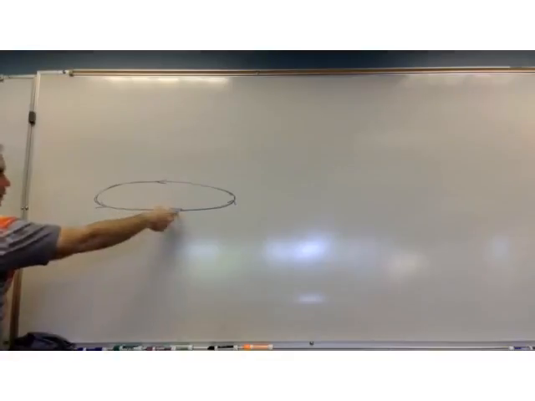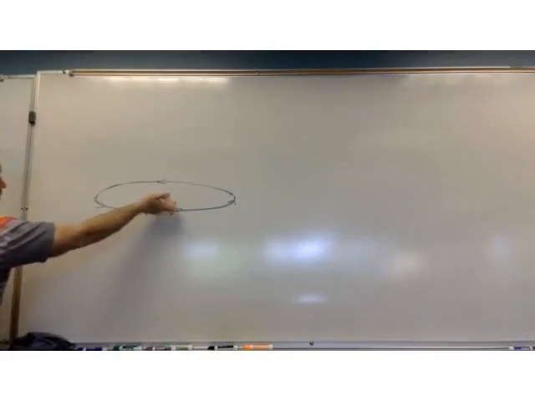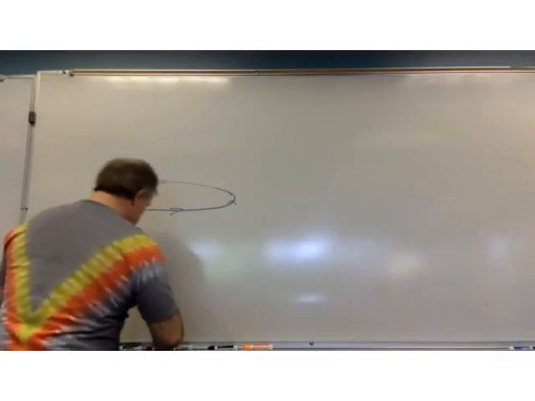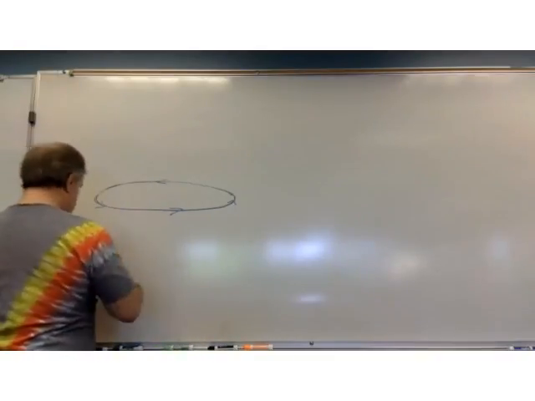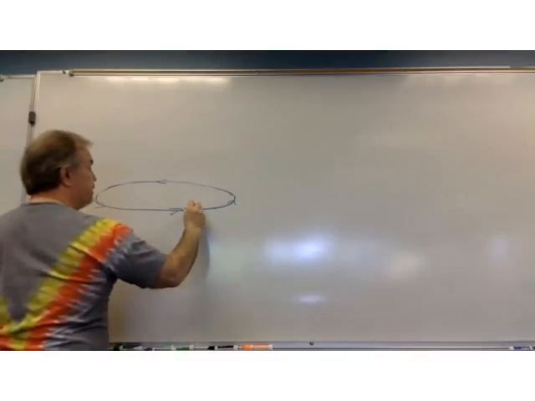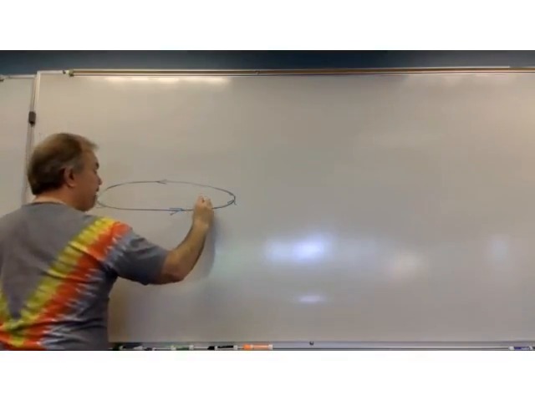Grab the wire with your right hand. I'm going to grab this side here, thumb pointing in the direction of the positive current flow. Inside the field points upward. Outside the field points downward.